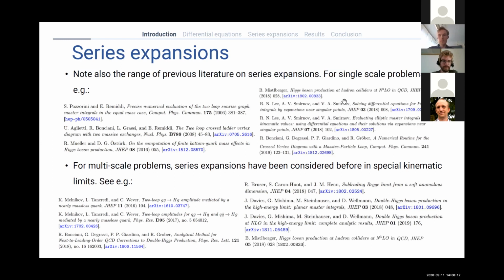For example, there were quite a few papers dealing with single scale problems. And there were also papers dealing with multi-scale problems, but then usually the way that it worked is that you expand one scale and you keep the analytic dependence on the other scales.